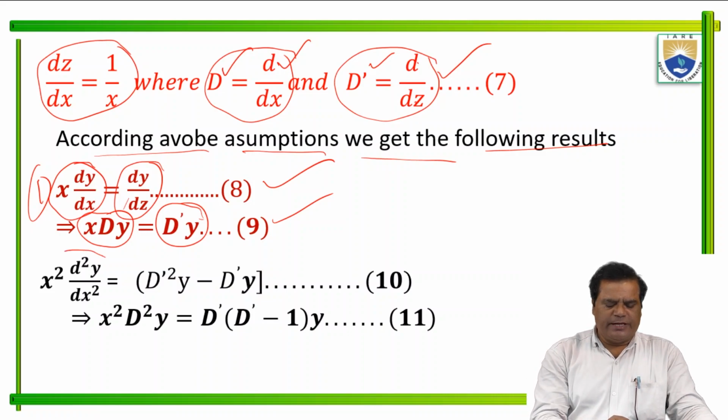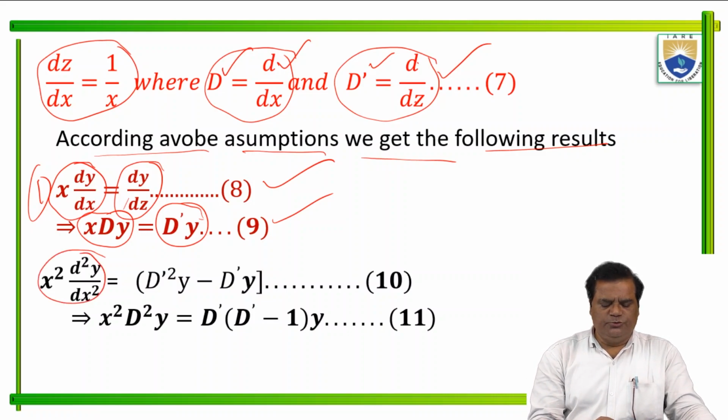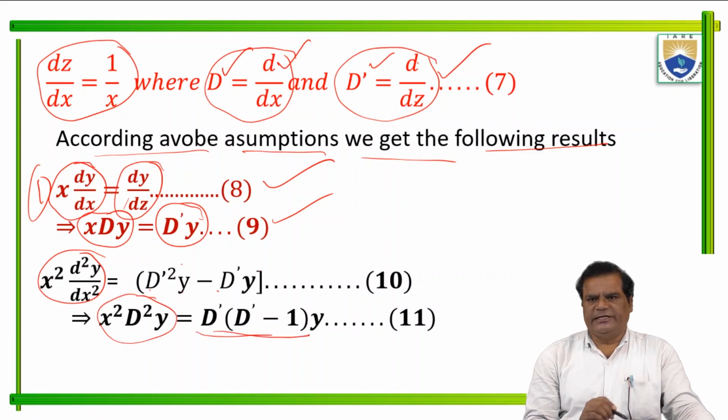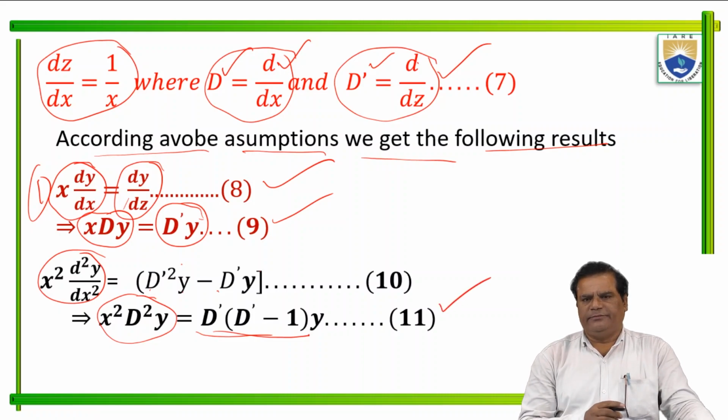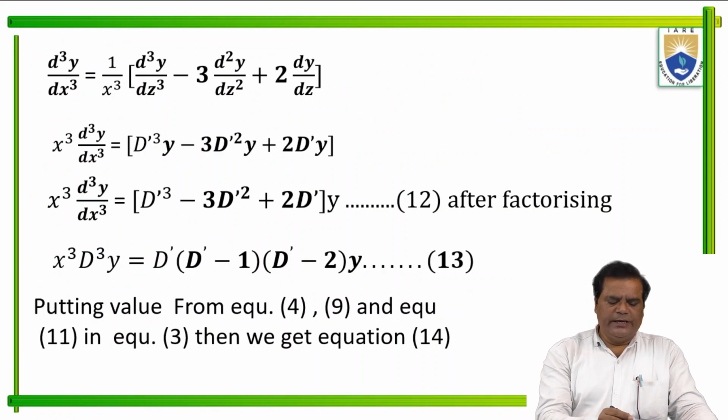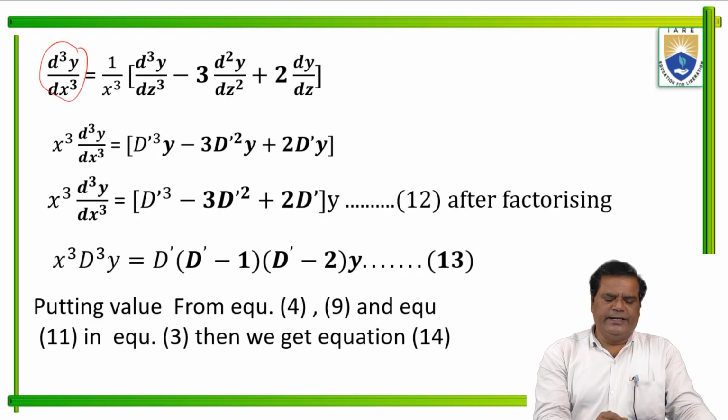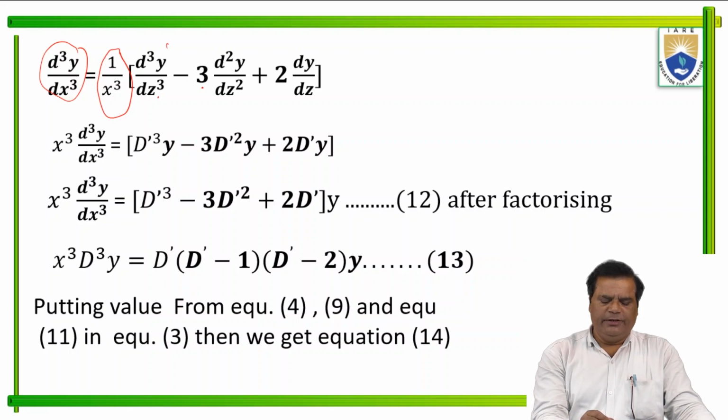Next, x square d2y over dx2. We write D dash square y minus D dash y, that is x square d square y equal to D dash, D dash minus 1 y. This is equation 11. Next term, d cube y over dx cube equal to 1 upon x cube, where x cube is common, times d cube y over dz cube minus 3 d2y over dz2 plus 2 dy over dz.